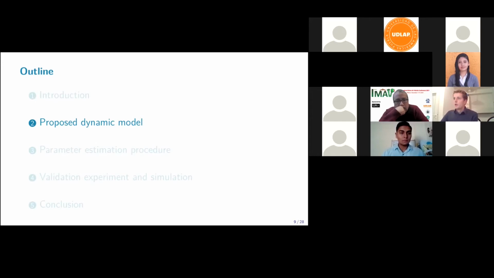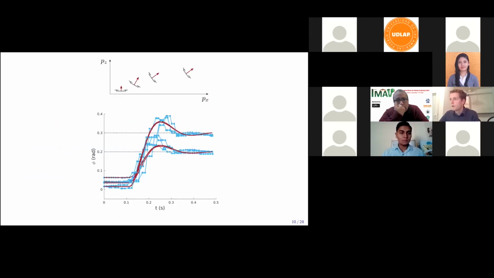And so first, to motivate our proposed dynamic model, I will show some data that we recorded. For example, when we apply a roll step or a pitch step, we see this kind of response. So we have a delay at the beginning, and then we have a response that always immediately reminds me of a second order system. And the red lines you see are a simulation of a second order system, which generally captures this behavior quite well, approximately, of course.